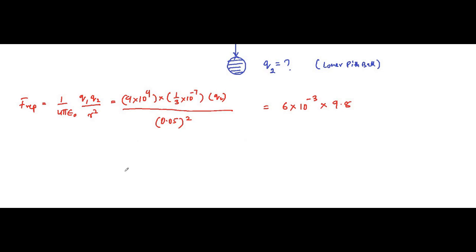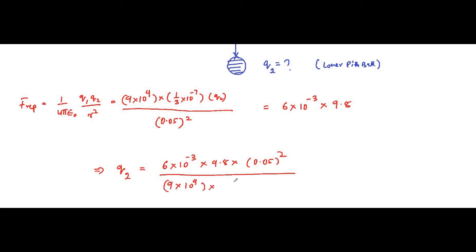So here Q2 will be equal to 6 into 10 to the power minus 3 into 9.8 into 0.05 whole square, divided by 9 into 10 to the power 9 multiplied with 1/3 into 10 to the power minus 7.